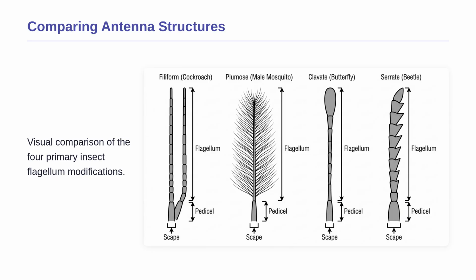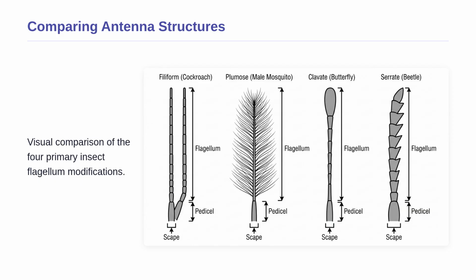Now that we have proven the mathematical advantage of these structures, let us look at them visually. On screen, you are seeing a detailed biological diagram of 4 distinct insect antennae. On the far left is the simple, segmented filiform antenna of a cockroach. Next to it is the highly branched, feathery plumose antenna of a male mosquito, which we just analyzed.